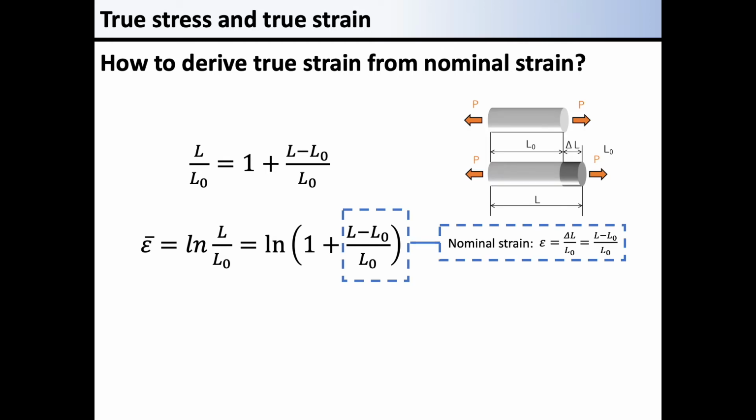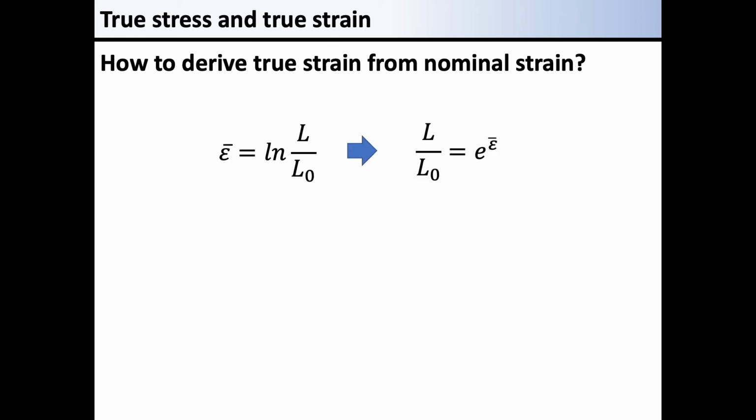This equation includes the definition of nominal strain, epsilon equal to L minus L0 divided by L0, that we have used so far. So, the true strain can be transformed into this equation. You should note that the true strain is determined by using nominal strain. This formula enables us to determine the true strain with the results of the tensile test.